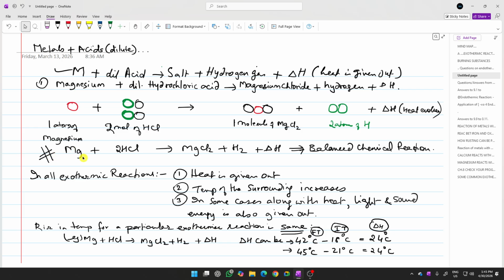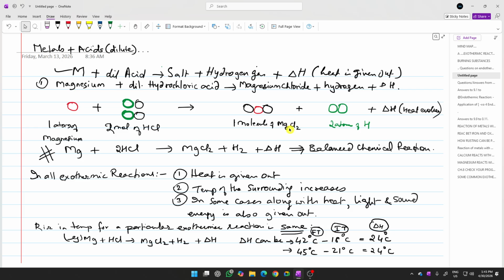Now, just for those students who are interested, when you go to the next grade, the 8th grade, you will start writing in the form of symbols. For magnesium, the symbol is Mg, capital M followed by small g, plus hydrochloric acid, HCl, with a 2 placed in front of that HCl. HCl is the formula for hydrochloric acid, but the 2 placed in front indicates that there are 2 molecules of hydrochloric acid.